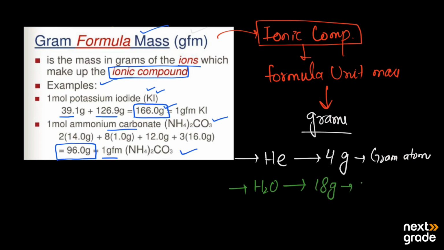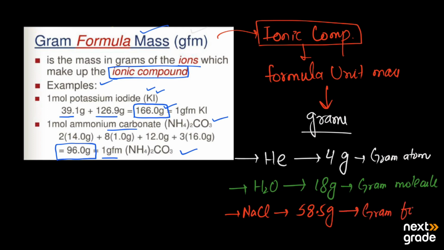So this is its gram molecule. Likewise, if we are going to find the formula unit for NaCl, it is almost equal to 58.5 gram. So it is its gram formula mass.